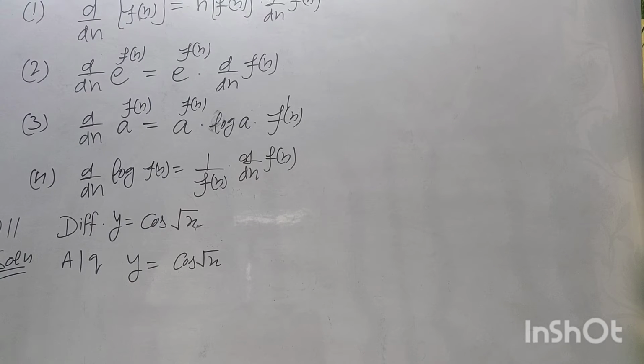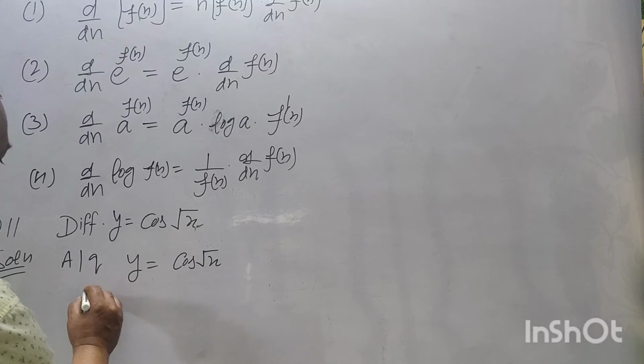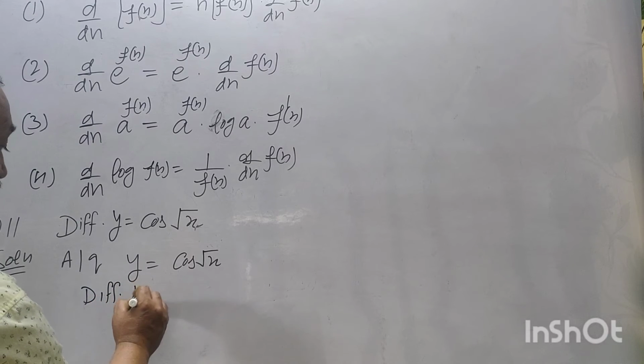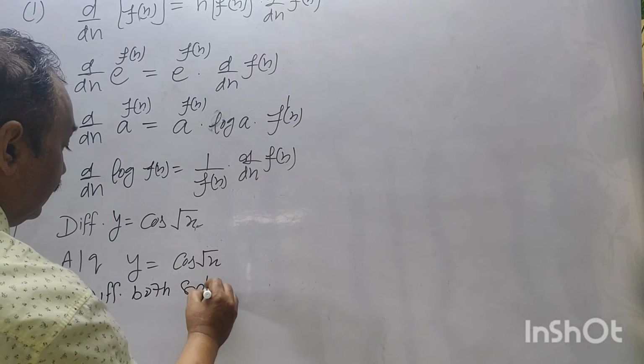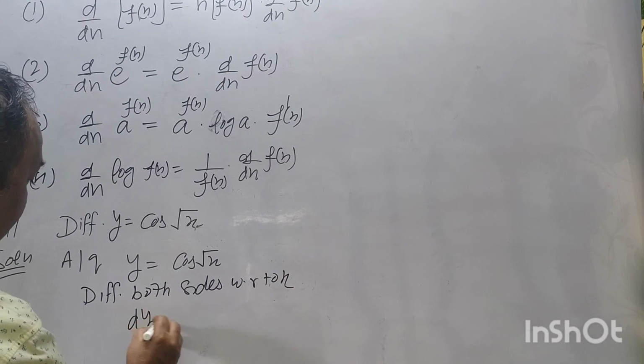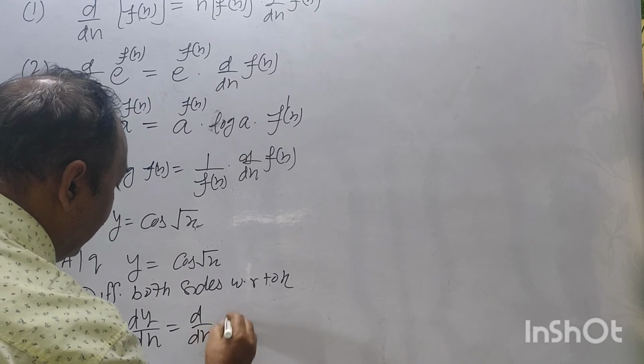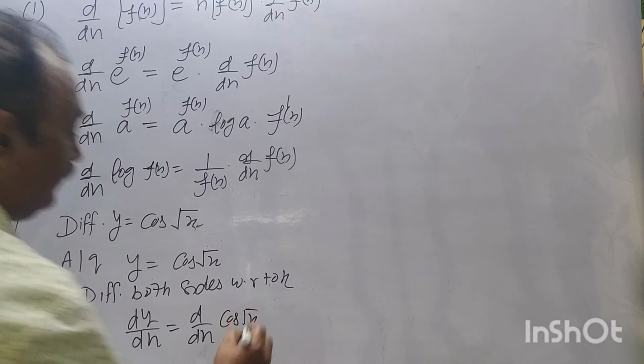Now let us discuss the application of these formulas. The question is, differentiate y is equal to cos of under root x. According to the question, y is equal to cos of under root x. Differentiating both sides with respect to x, we get dy upon dx is equal to d upon dx of cos of under root x.